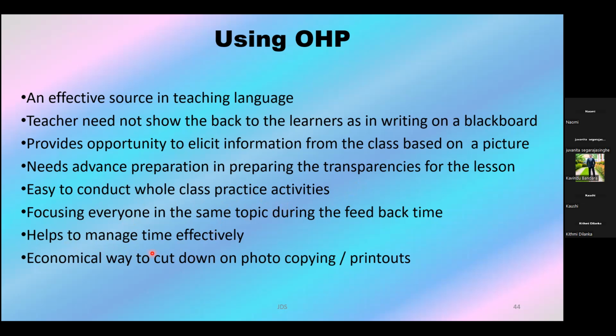It helps to manage time effectively, rather than spending time on writing on the board. It's very useful for the teacher to manage her lesson timing very effectively. So if the OHP is available in your classes, make use of it.